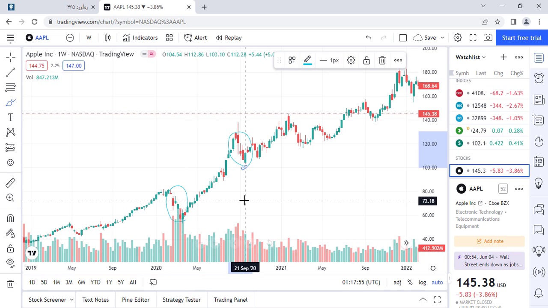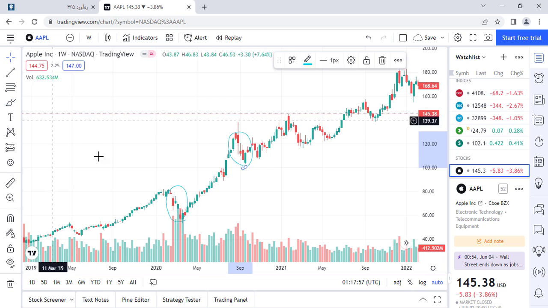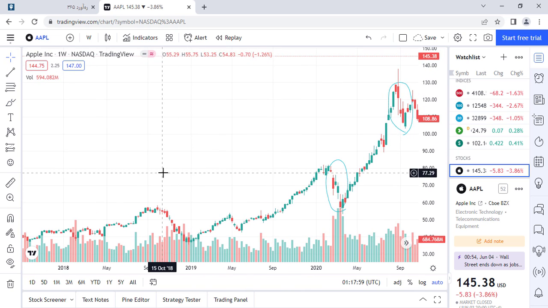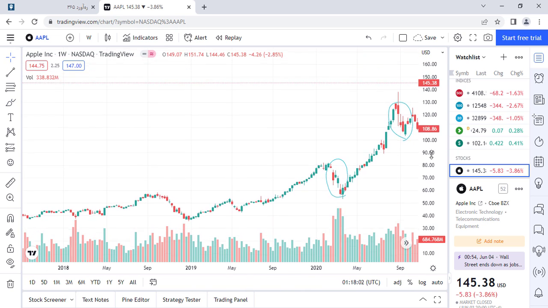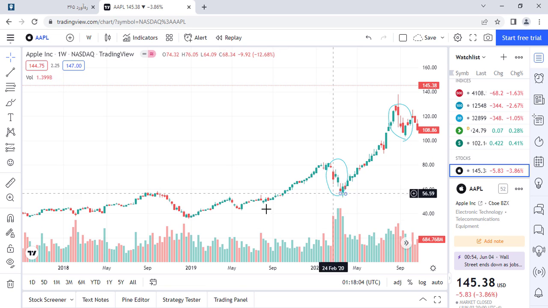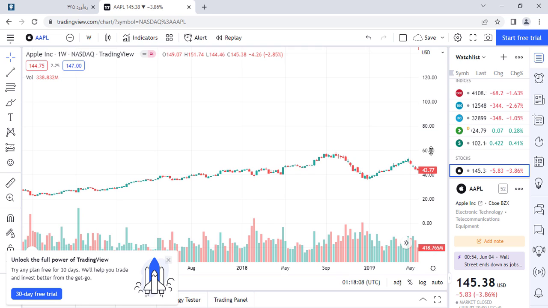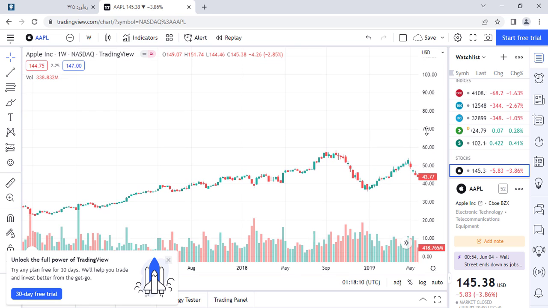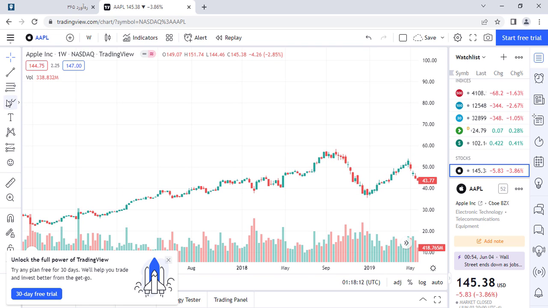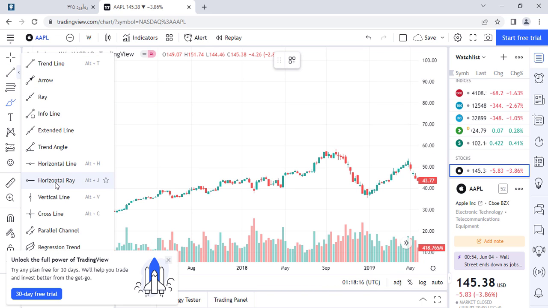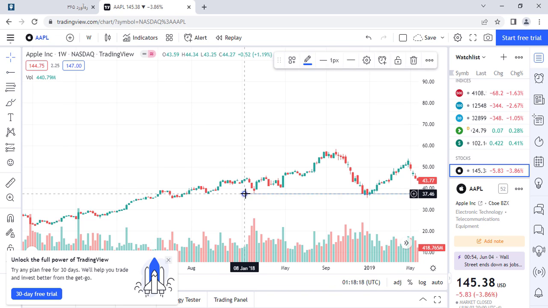In some periods of time, the price hasn't any upward or downward trend. For example, I think here is a range trend that we call here.